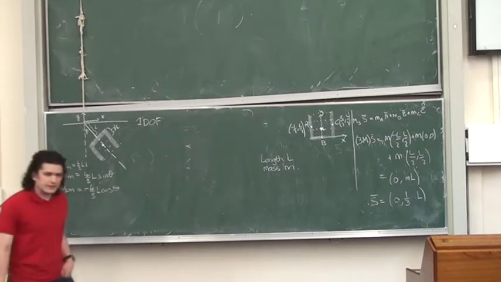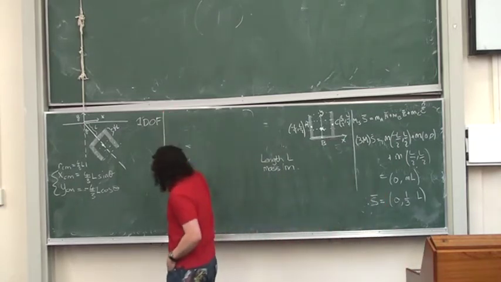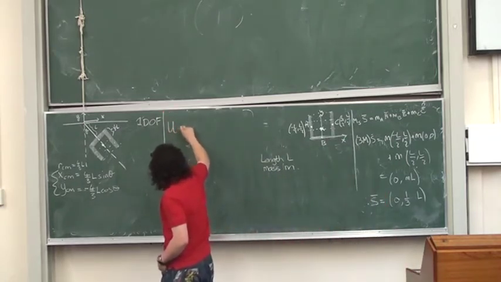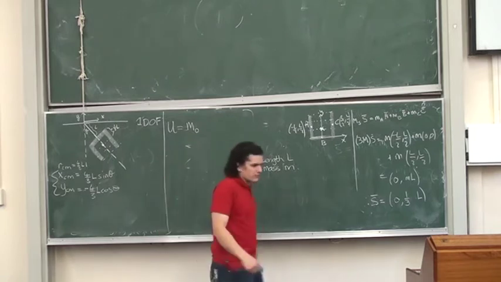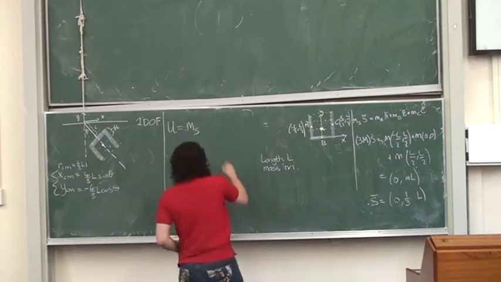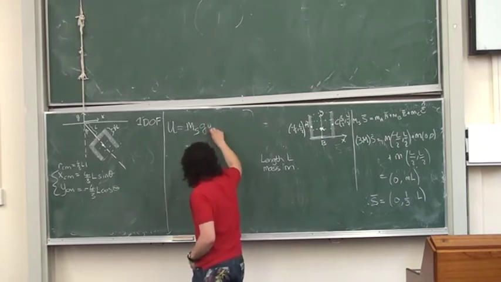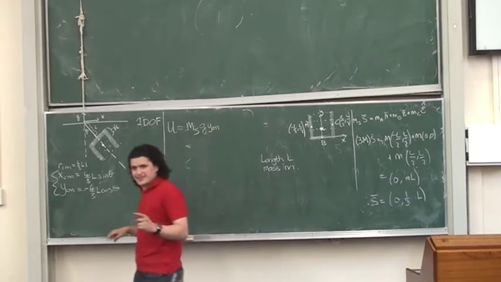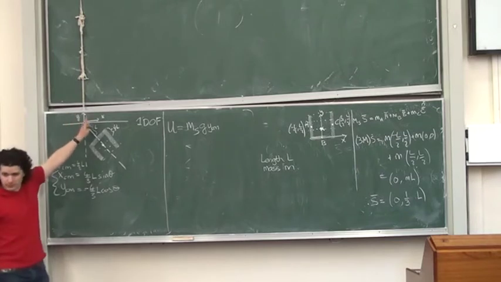Now that we have these coordinates, it's very easy for us to compute stuff like potential energy, because we can simply write U is equal to the mass of the whole object, well, I'm calling my object S, so let me be consistent, the mass of the whole system times g times the height of the center of mass, which in my case is the y coordinate of the center of mass, because I chose the y-axis to be pointing upwards.